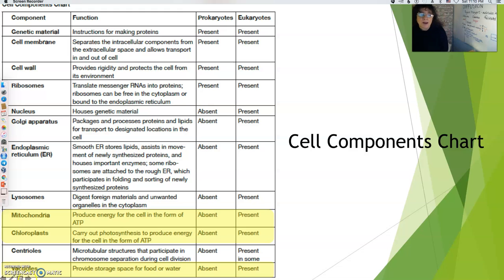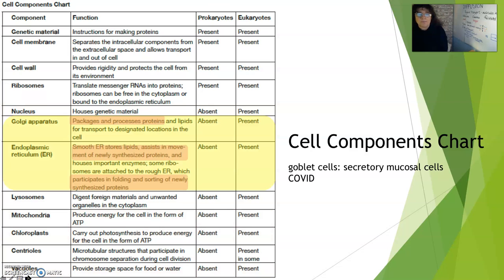So that's for eukaryotes and some of the organelles that are involved with the metabolic and respiratory processes. There are other organelles that are involved with eukaryotes, and some of those that are important and that you will need for your activity will be Golgi apparatus and endoplasmic reticulum.